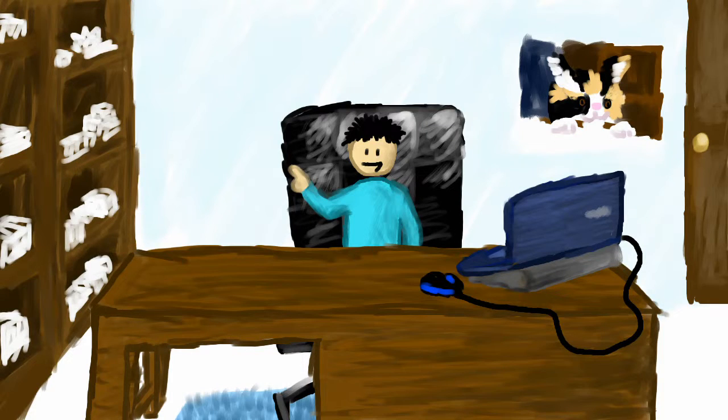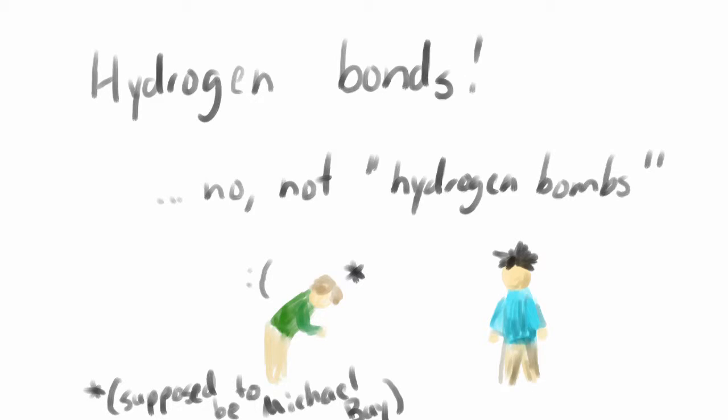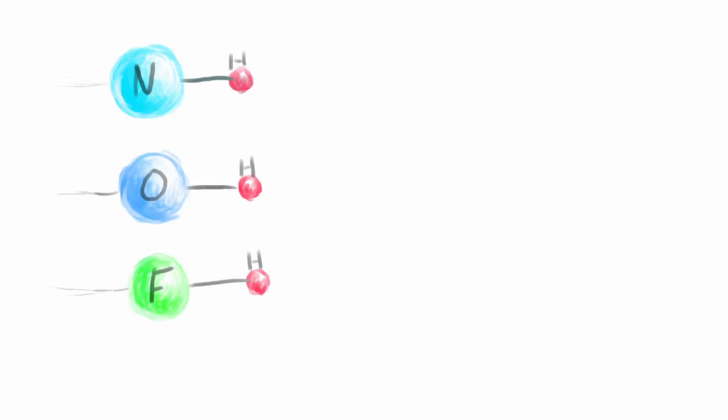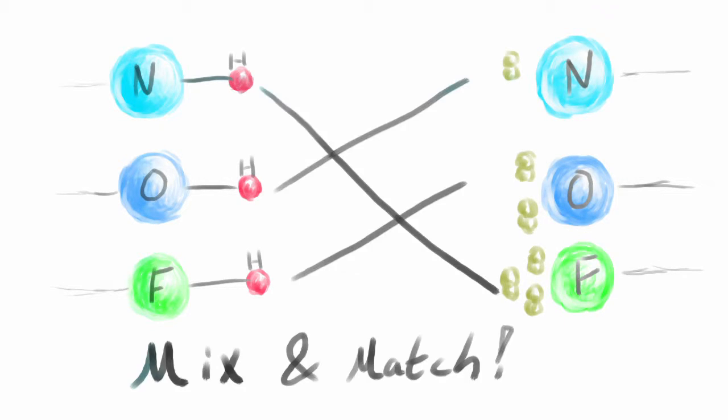There is also a special type of dipole-dipole force, hydrogen bonds. This special type of dipole-dipole only occurs when hydrogen bonds, for our purposes, with nitrogen, oxygen, or fluorine, and is interacting with another nitrogen, oxygen, or fluorine.